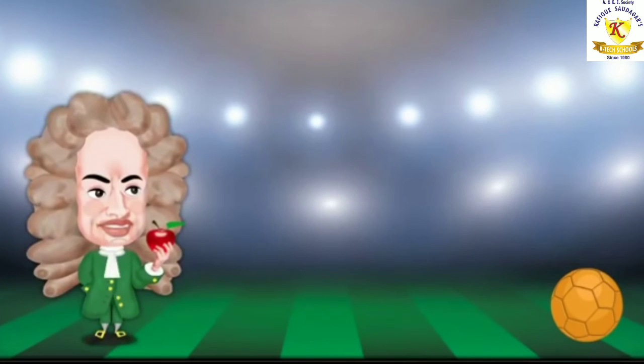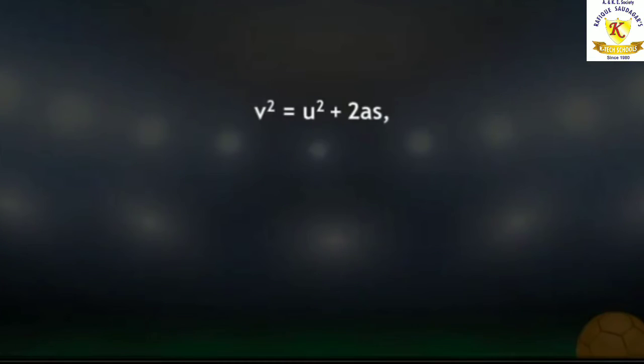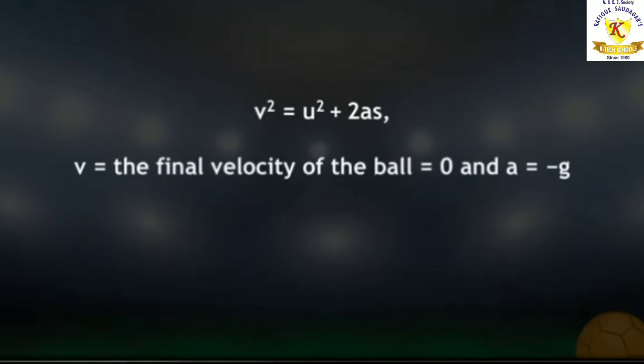According to Newton's third equation of motion, v square is equal to u square plus 2as, where v is the final velocity of the ball, 0, and a is minus g.